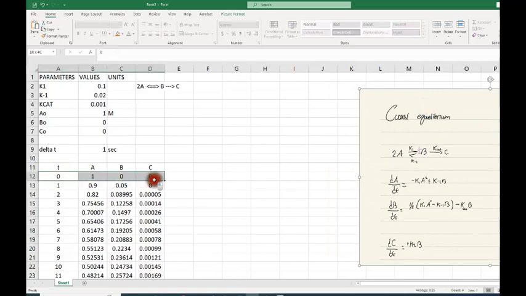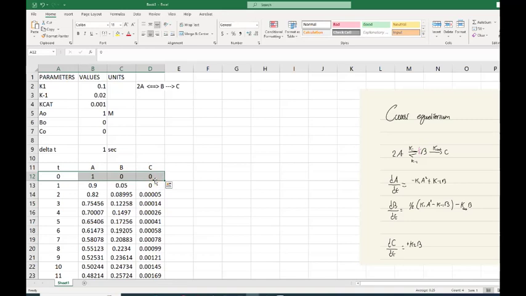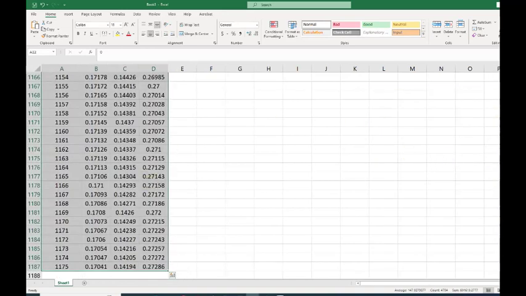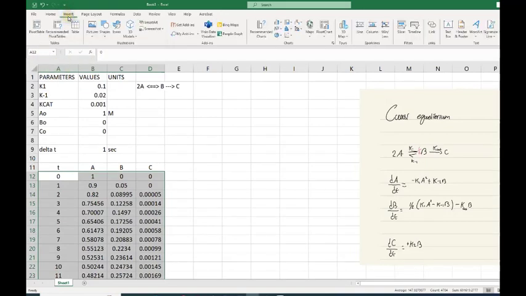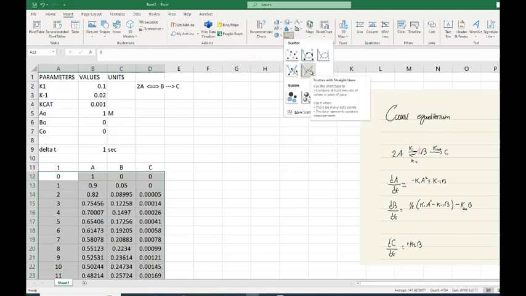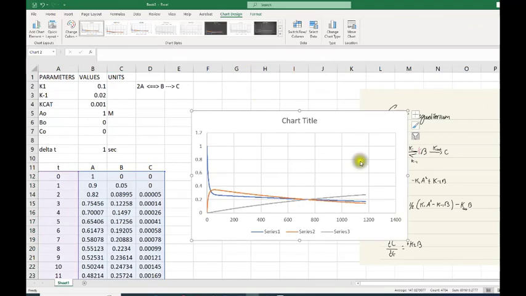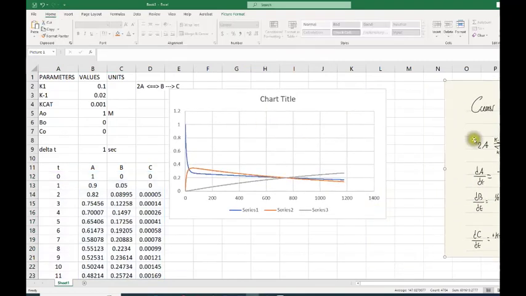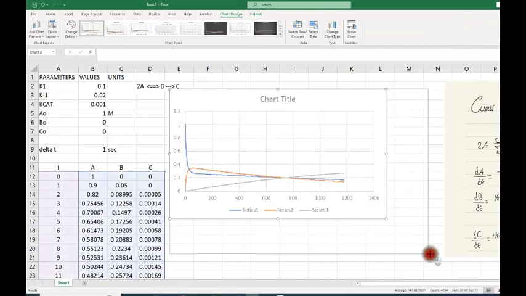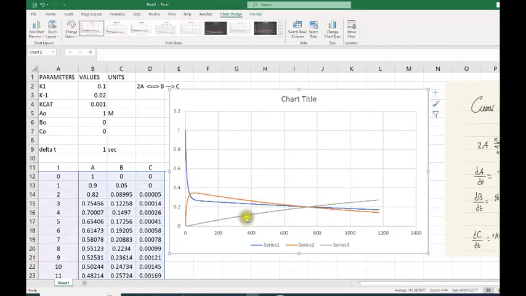And to do a plot, let's copy the whole thing, Control Shift down, and now let's insert a graph. Insert. And let's insert here, and let's insert that one. Yeah, that will do. And let's see where it is, right there. Okay, that C is increasing. And what's this?